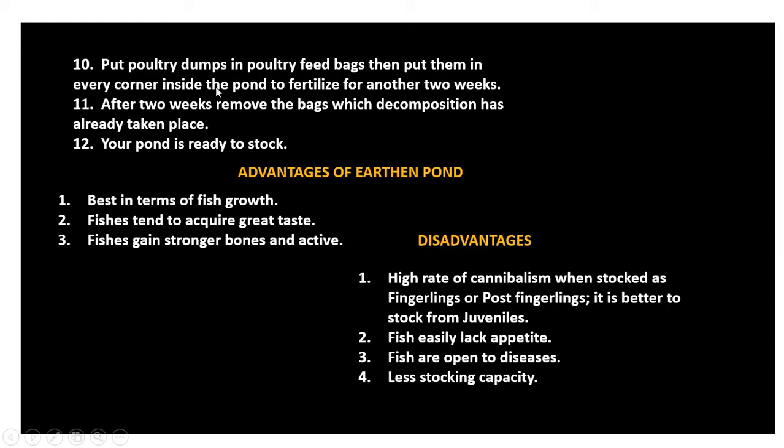You put them at every corner inside the pond, not outside the pond, and allow them to stay for 2 weeks. That is what we call fertilization in an earthen pond.